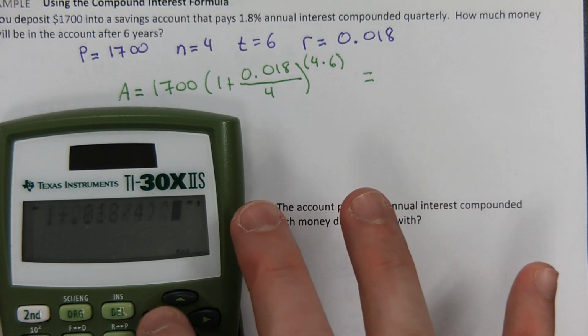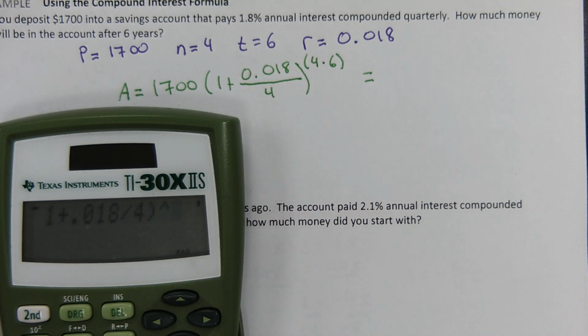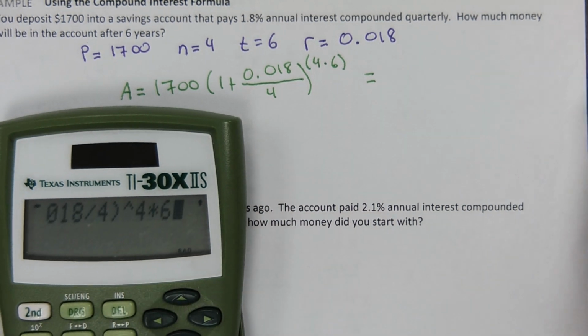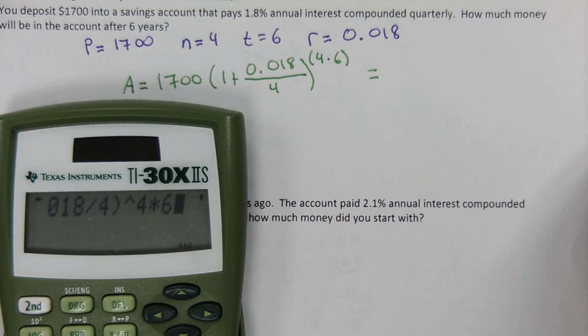If I had just typed this, the calculator interprets that as the exponent is a 4. And after it raises this set of parentheses to the 4th power, it's just going to multiply that answer by 6. The calculator does the order of operations. It's extremely literal. You can't say, well, it knew what I meant. No, you needed to tell it exactly what you meant.